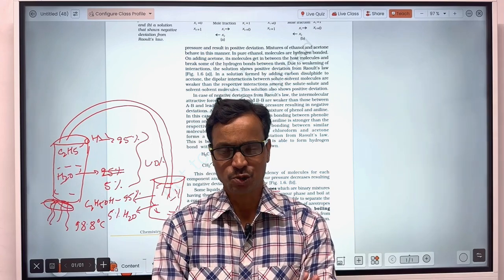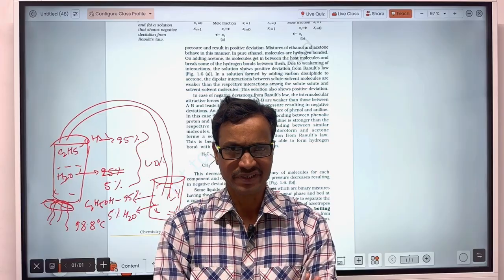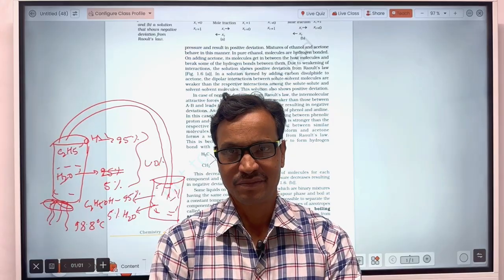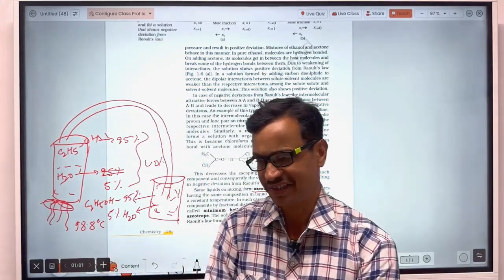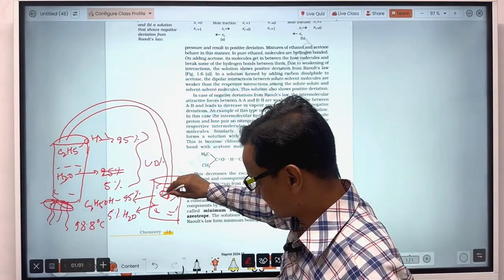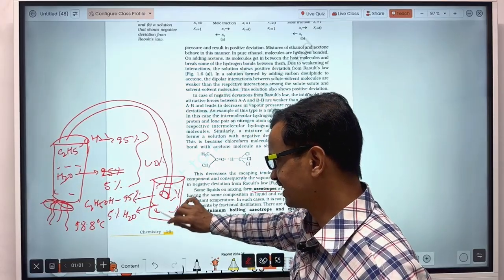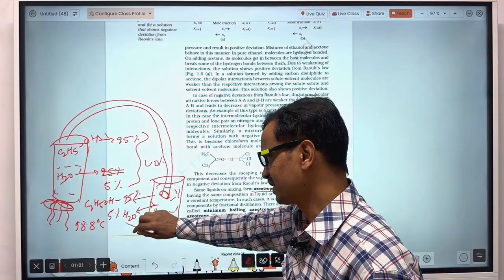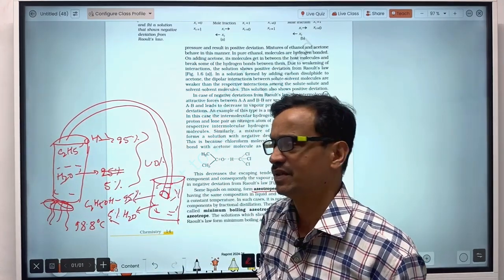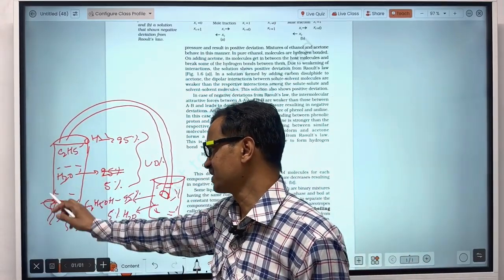So azeotropes are solutions of two liquids which boil like a pure liquid, that is, possess a sharp boiling point, undergoing the vapor phase in the same proportion as present in the liquid phase. Here the proportion of ethanol and water is 95% and 5%, and here also the same 95% ethanol, 5% water.